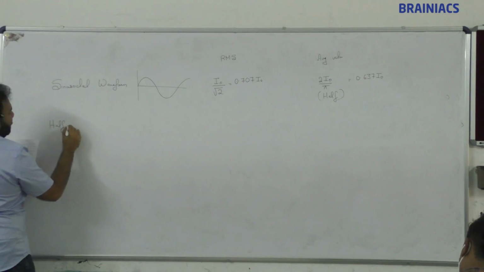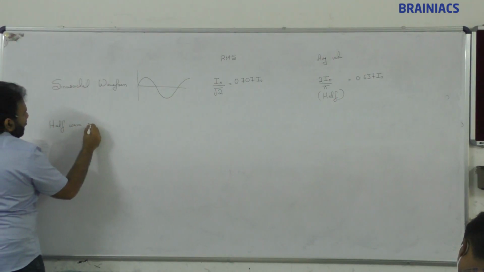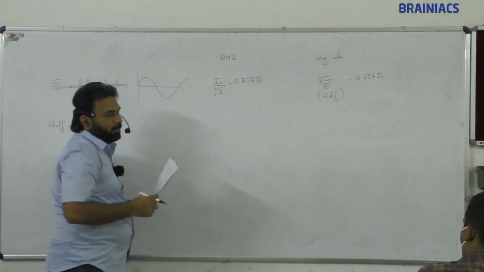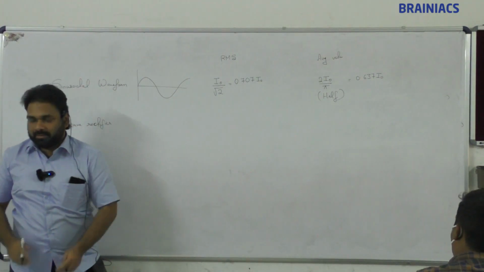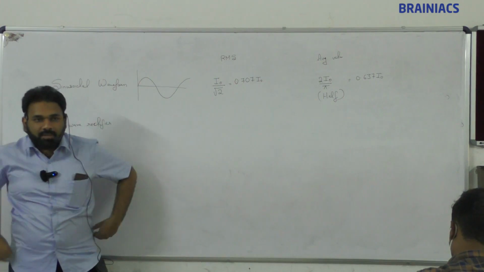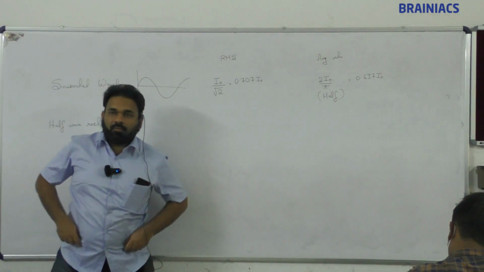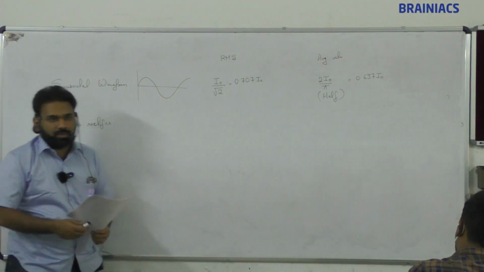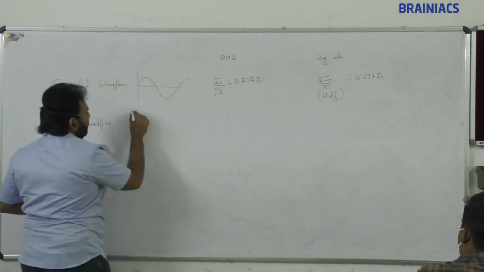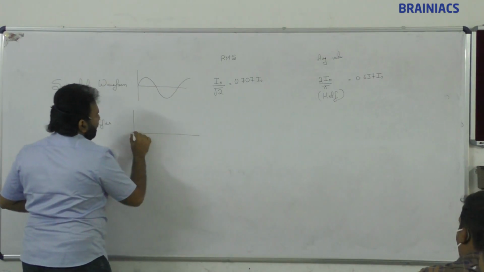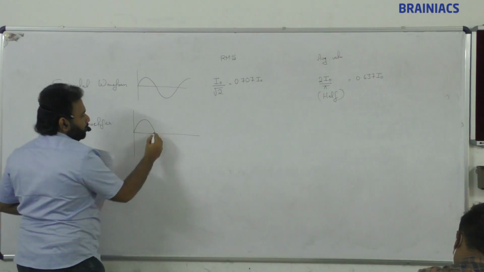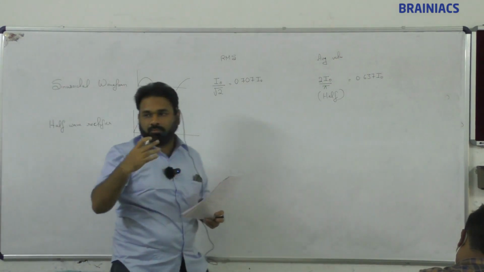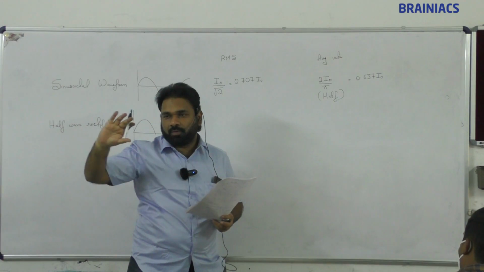Suppose a half wave rectifier. Along with this, I am just discussing this. This is going to be there in semiconductors, but here we are discussing it; along with this, if you study, this is going to be easy. Half wave rectifier means it will allow only positive parts.